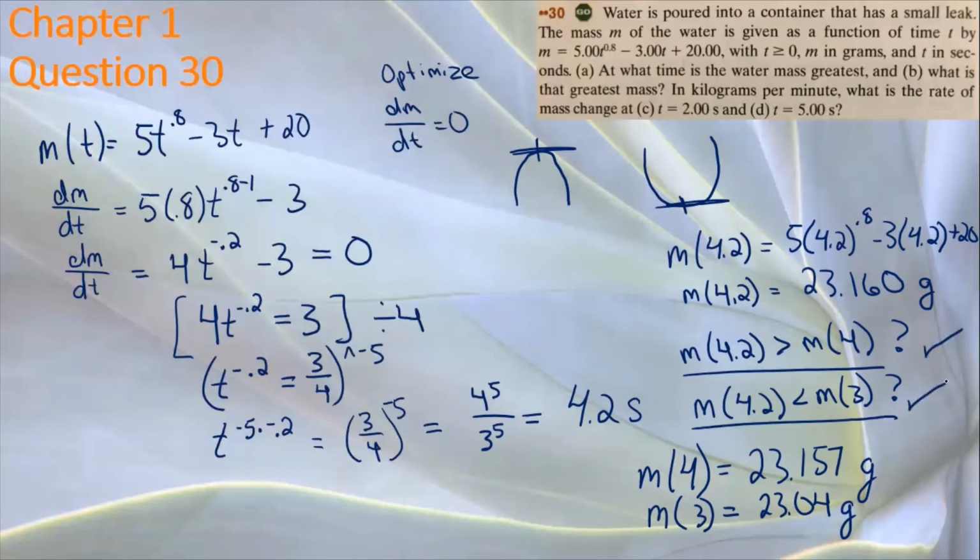So that confirms that the greatest mass occurs at t equals 4.2 seconds. In solving this problem, we also determined part B, what is that greatest mass, when we found m of 4.2. So the mass at the time when the water has the greatest mass is 23.16 grams.